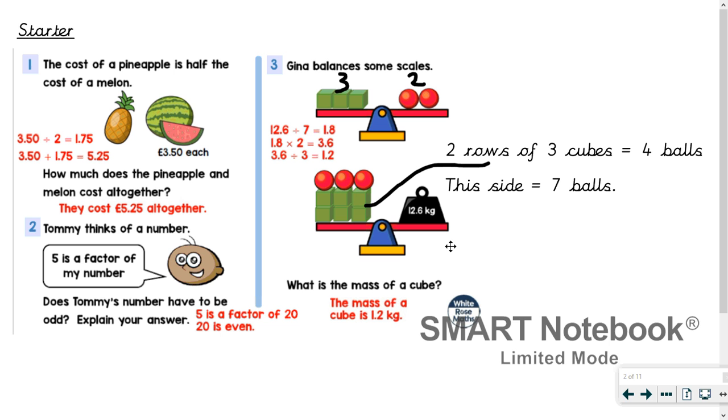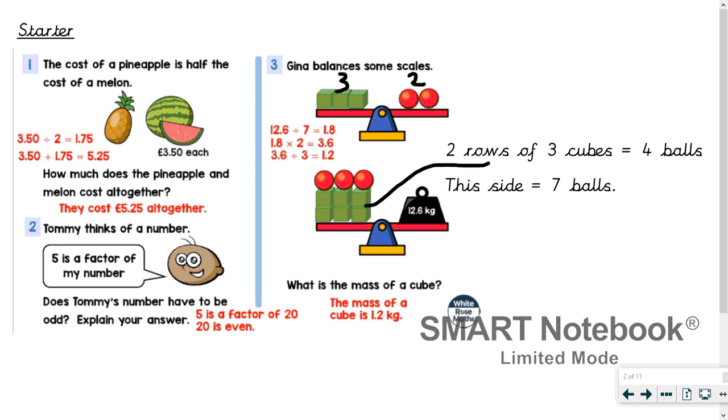So what we need to do is realize that 2 red balls weigh the same as 3 cubes. We've got 2 rows of 3 cubes here, which means we could also call these 6 green cubes 4 red balls.